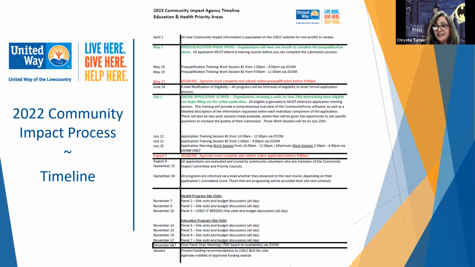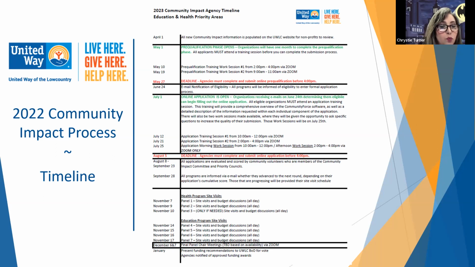I'm going to stress this because we have a lot of new programs this cycle. Please, please, please do not come skidding in sideways on those deadlines. Those deadlines are set in stone. At 3:59 on May 27th, the system is going to start closing down.